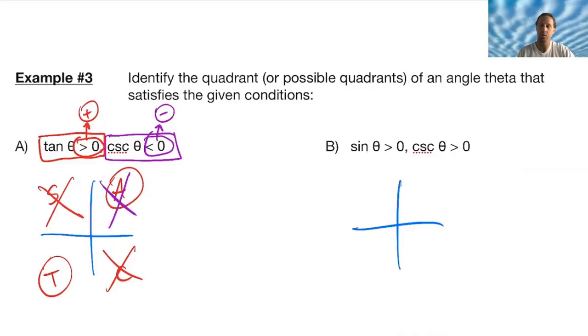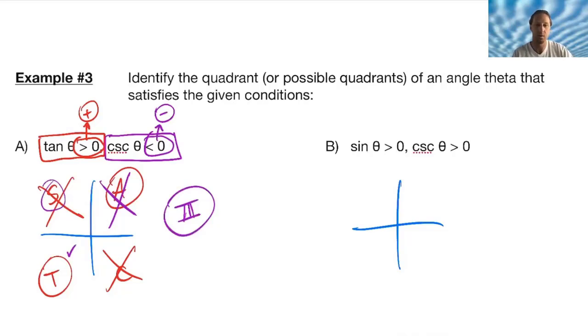And so even though cosecant is the reciprocal of sine, we are good because sine is only positive there. So it is good that cosecant is negative and tangent is positive in quadrant 3. So that would be our answer to part A.